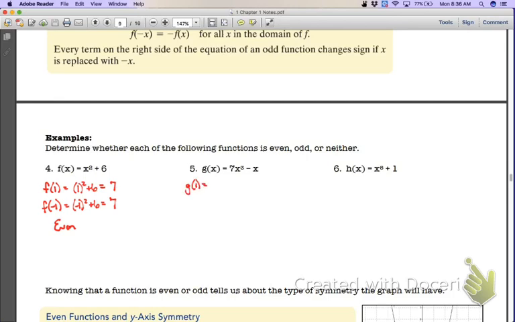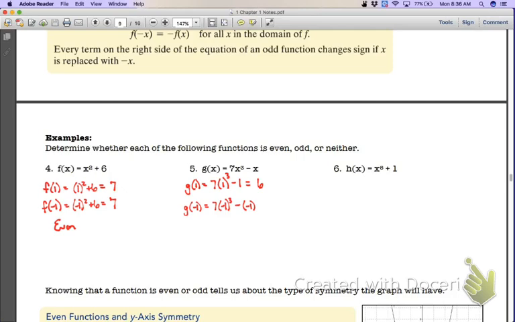So g of 1 is going to be 7 times 1 to the third, minus 1. So 7 minus 1 is 6.